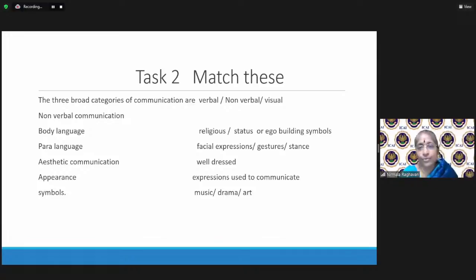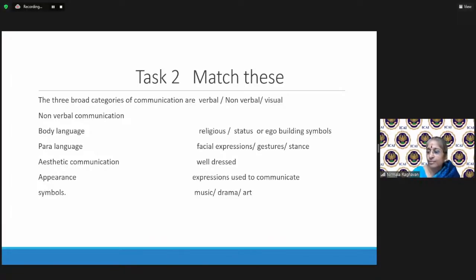Such tasks, it would be better if you do them in your notebooks instead of posting, because when I call out answers, you can check them. So matching exercises, do in your notebooks. When I call out answers, you can check them and just post the number of correct answers you've got. I'll give you 2 minutes. 1 minute is already over, and I'll give you 2 minutes.